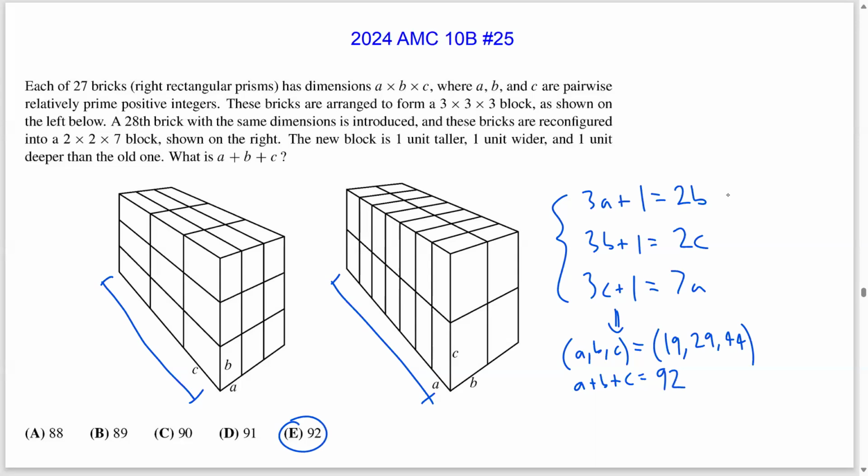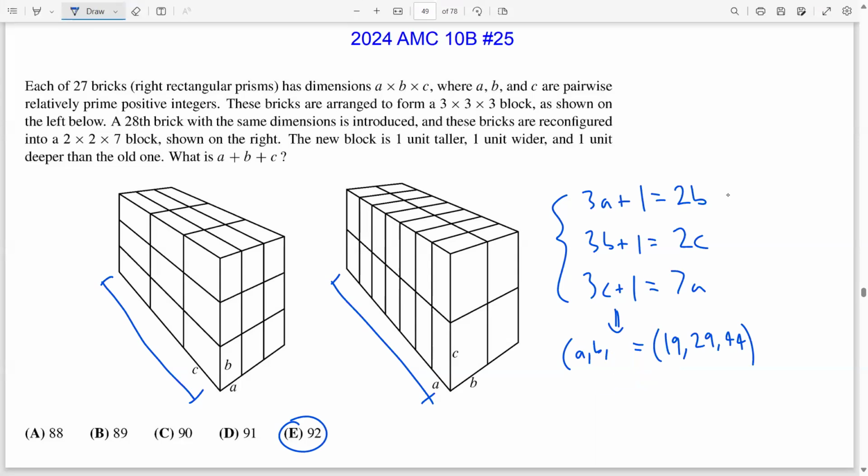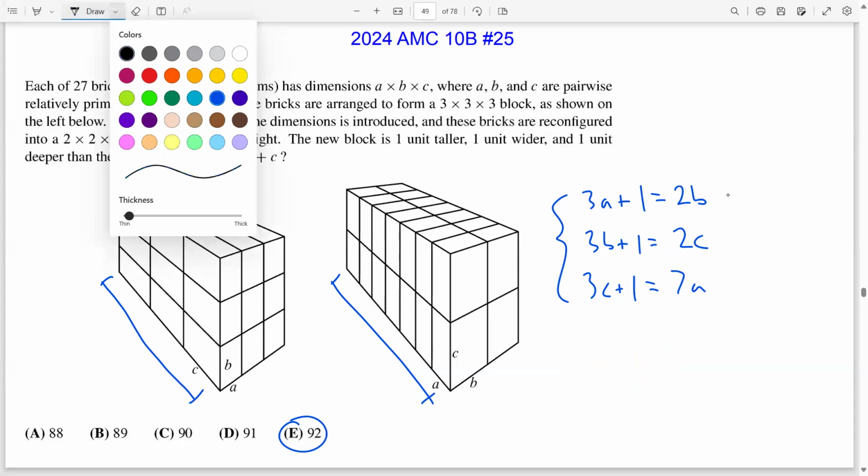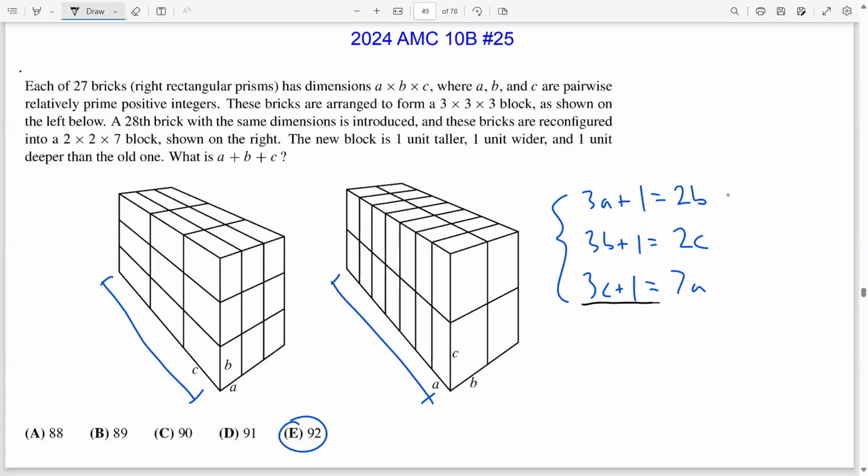Now, if you don't want to solve this system of equations outright, there are a few other tricks we can use. One way is to exploit the fact that a, b, and c are integers. And so we can look at these equations. Specifically, I'm going to focus on the third equation right here.